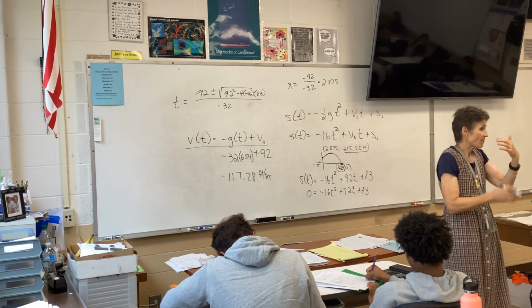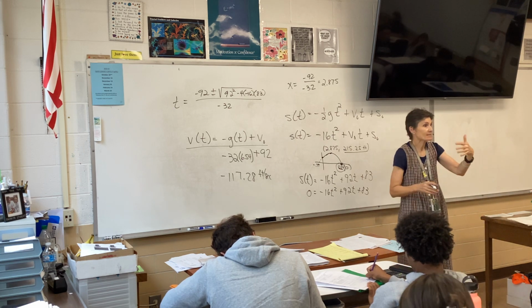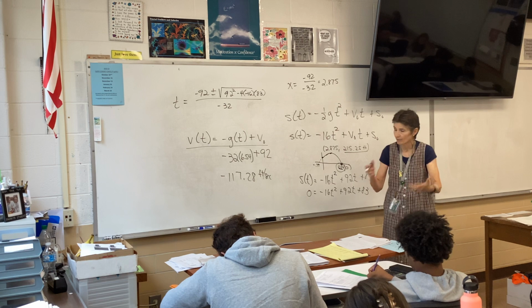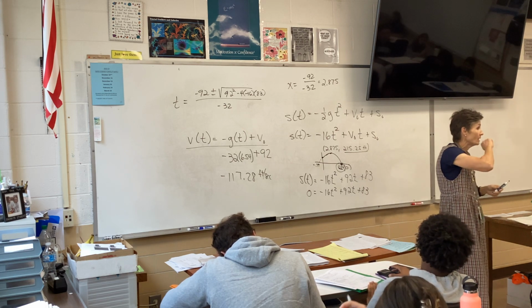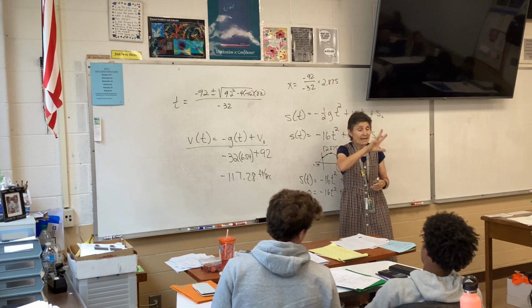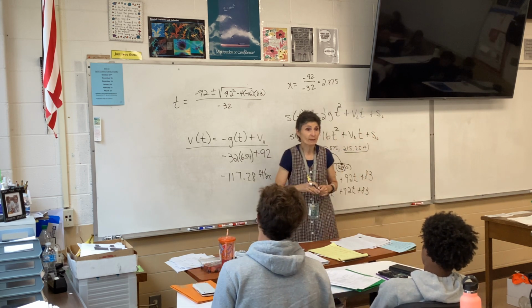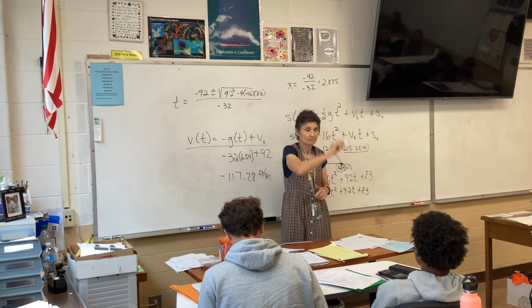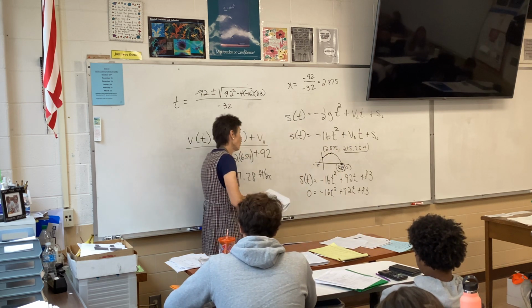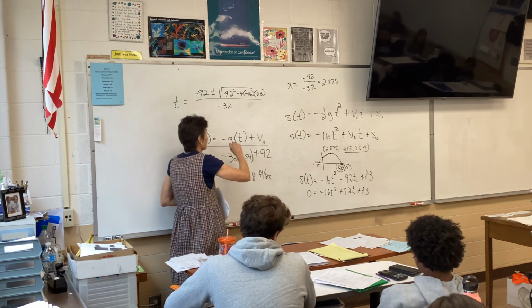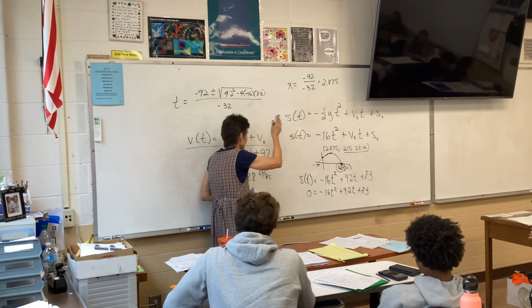So that is the same as 117 feet per second, it's just you're going down instead of up. A negative velocity means you're going down in terms of the vertical. As before, if I need you to use these formulas, I'll give them to you.